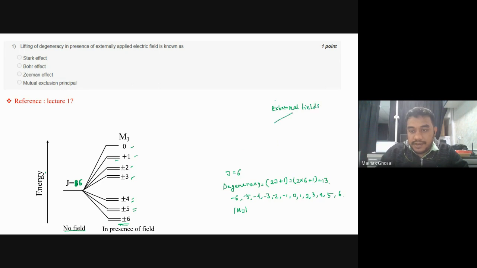Either it could be electric field, or it could be magnetic field.